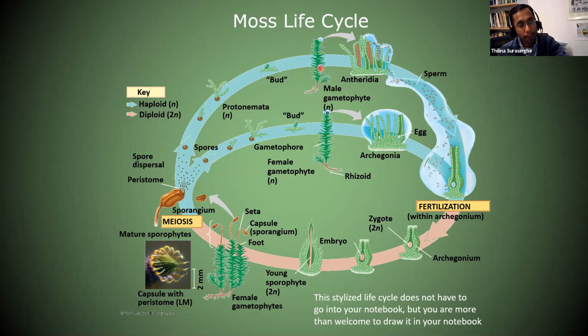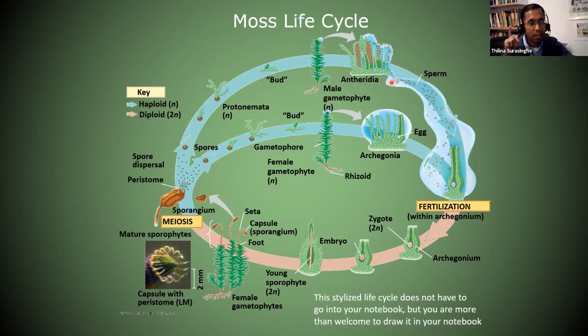Let's look at the male gametophyte, right? The male gametophyte has this gametophore part and then the rhizoid part. On the top it has multiple antheridia, each antheridium producing so many sperm, and all of those sperm are released to the environment and literally swim through water, right?